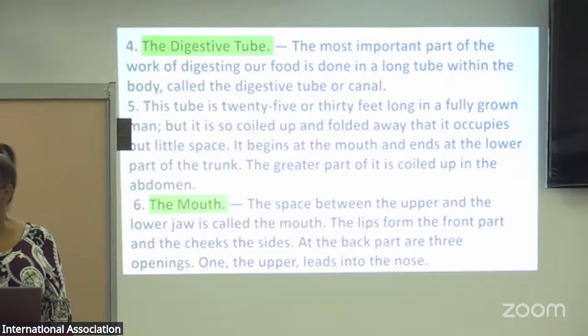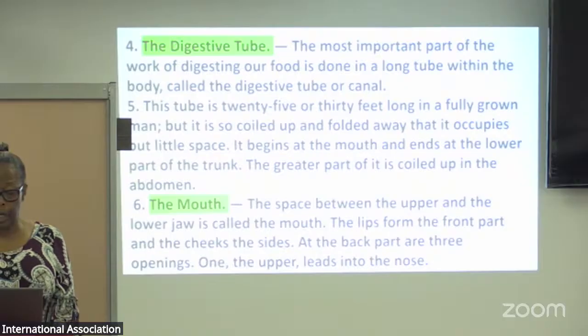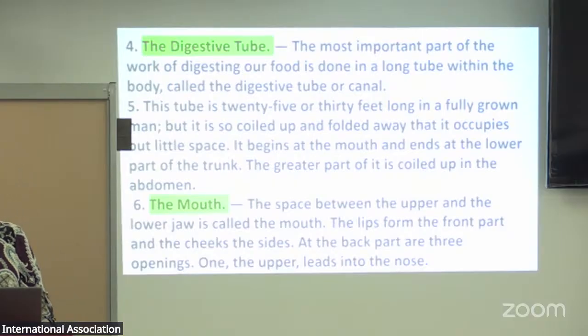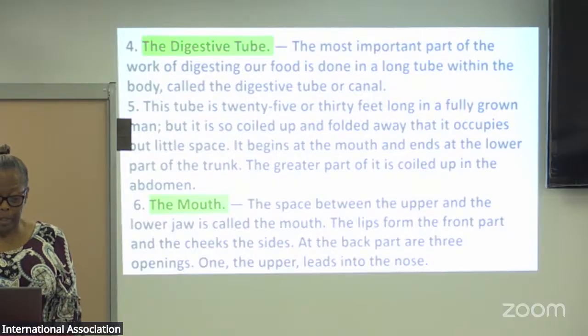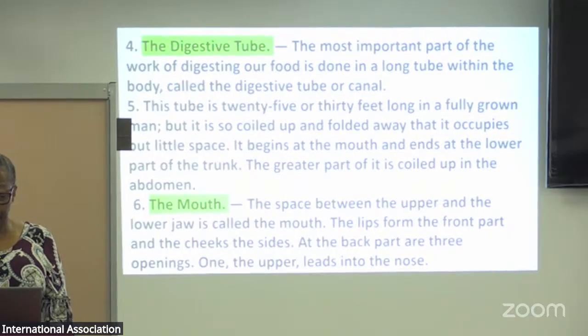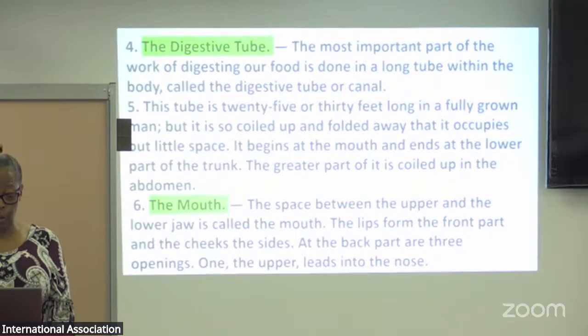The mouth. The space between the upper and lower jaw is called the mouth. The lips form the front part and the cheeks the sides. At the back are 3 openings.